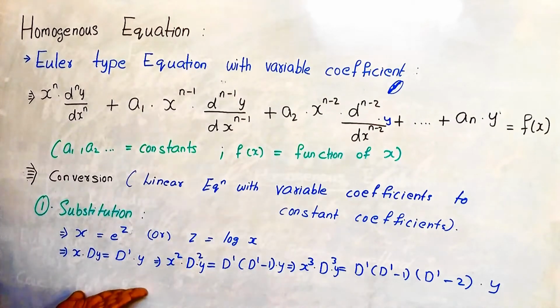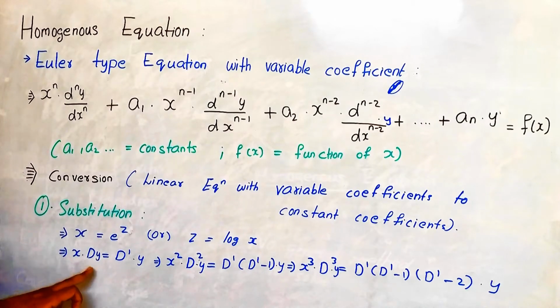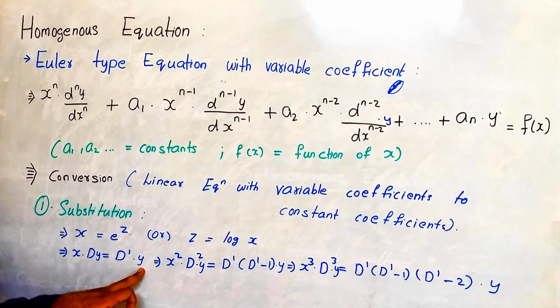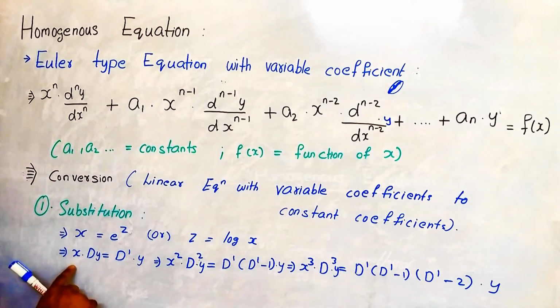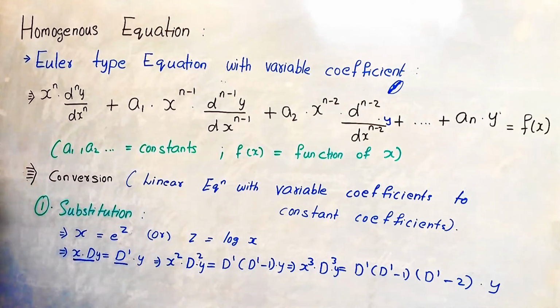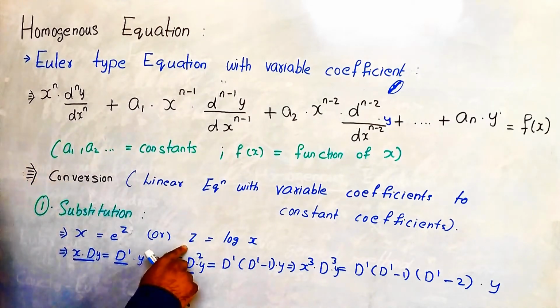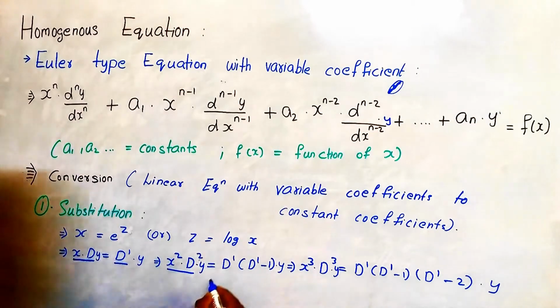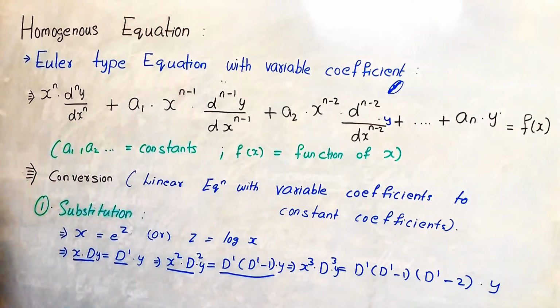And one more change is, if the question is in the format x into D into y, we can write it as D dash into y. That is another important change. We replace x into D by D dash. If it is x square into D square, we substitute D dash into D dash minus 1.